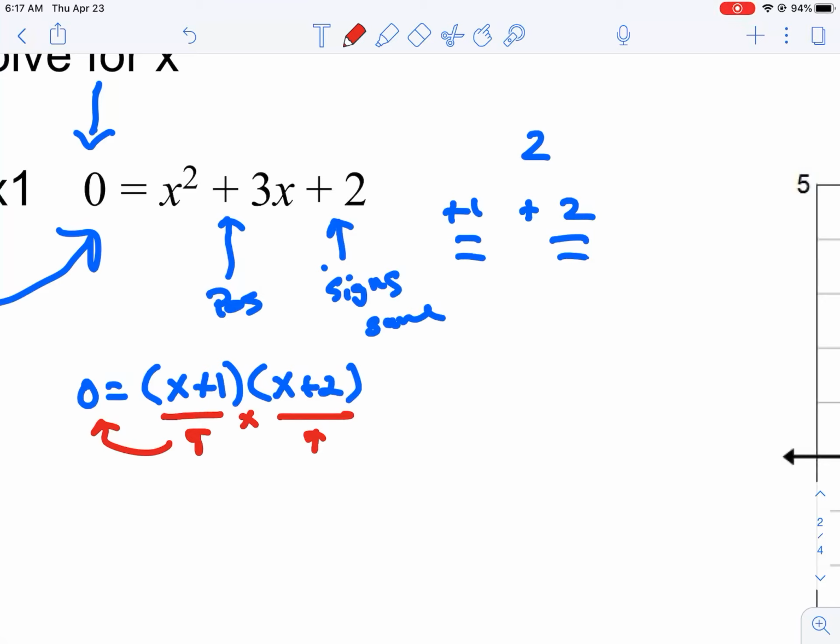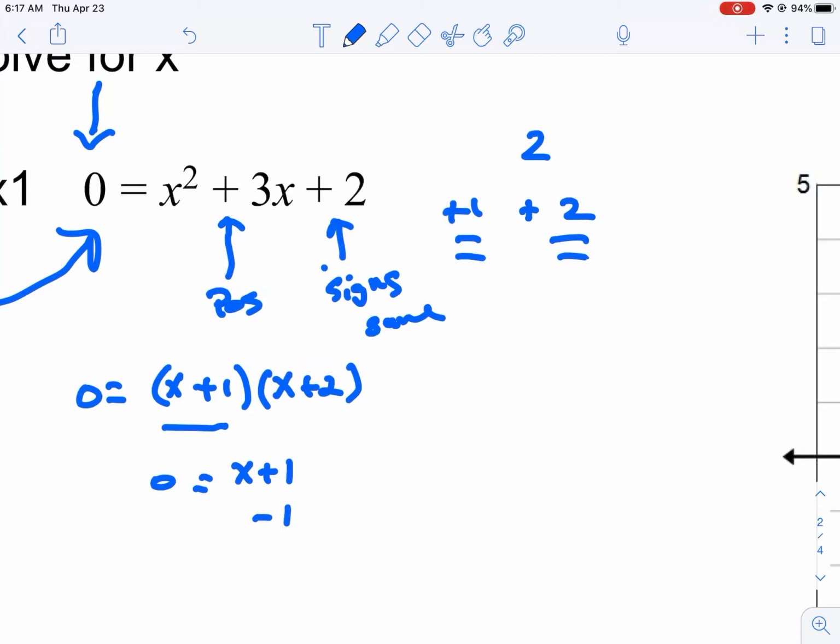Okay, so we're going to use that theory to solve. I erased way too much here. So we have x plus 1. So we're going to take this and set it equal to 0.